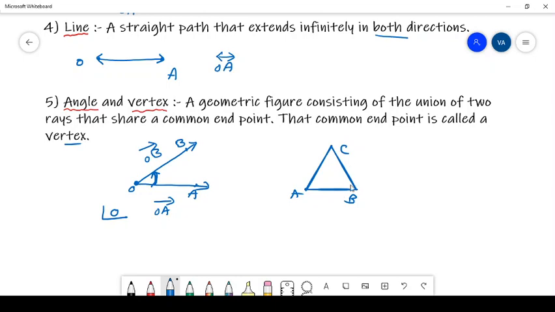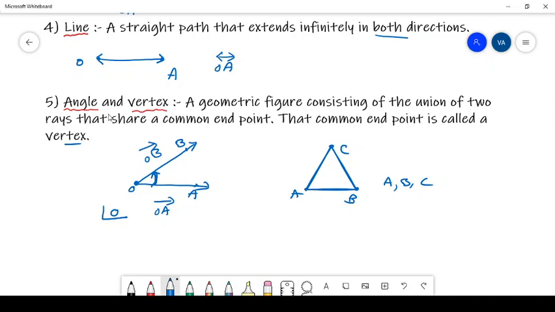AB and BC having a common point B. This is another vertex. Next, BC and AC having the common point C. That is another vertex. Here ABC are the vertices of a triangle. Vertex is the singular, vertices is the plural.